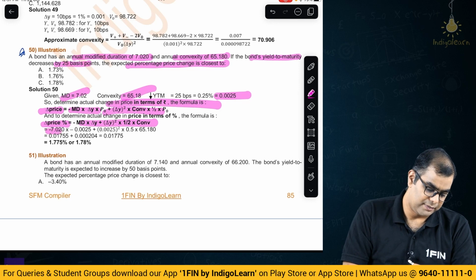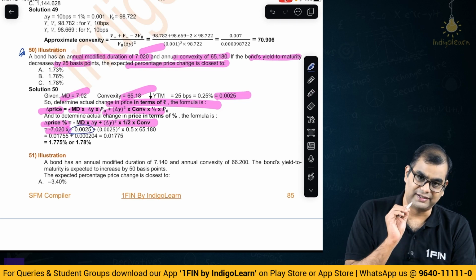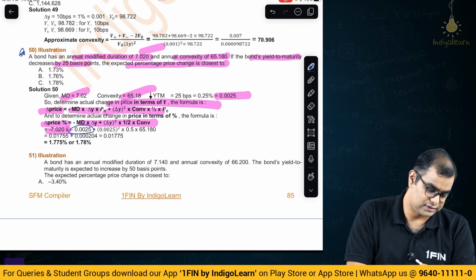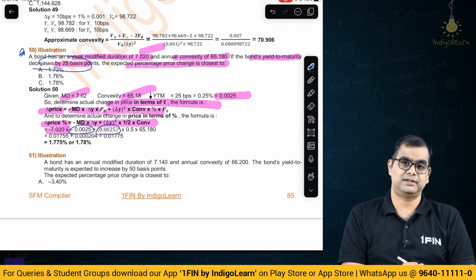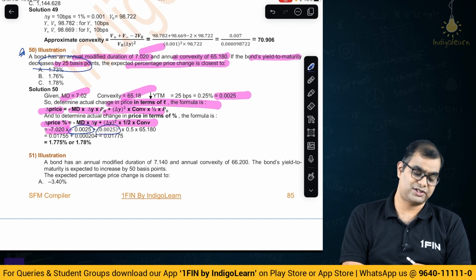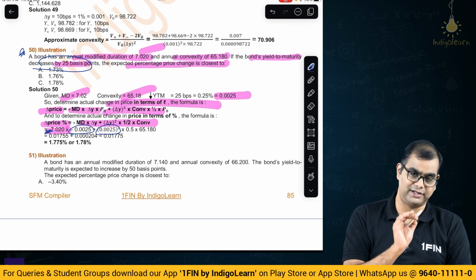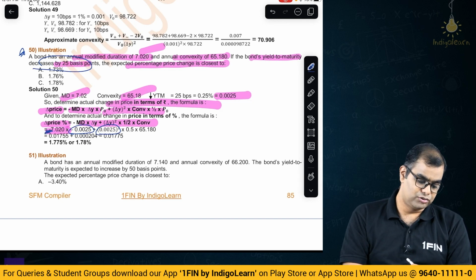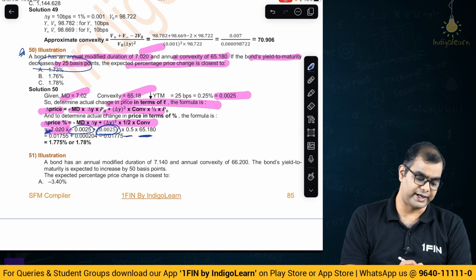What will this be? Minus 7.02, which is basically your modified duration, into change in yield, which is a reduction in yield, correct? Decrease in yield, so minus 0.025, plus, and here because there is a reduction in yield, you put minus before it, 0.025 whole square into half into 65.18.